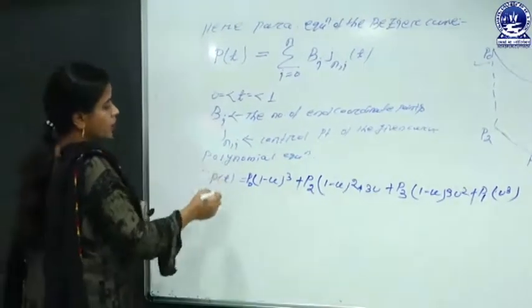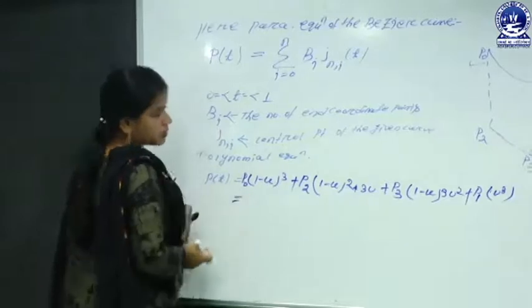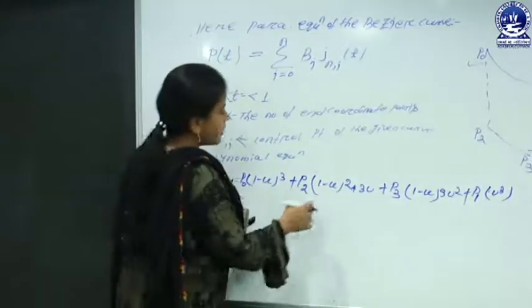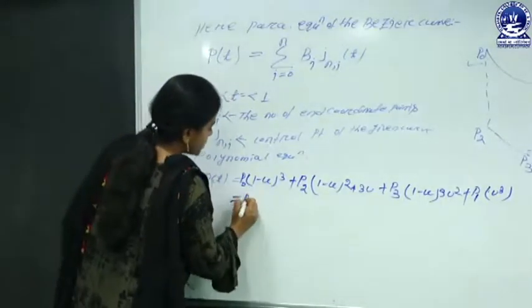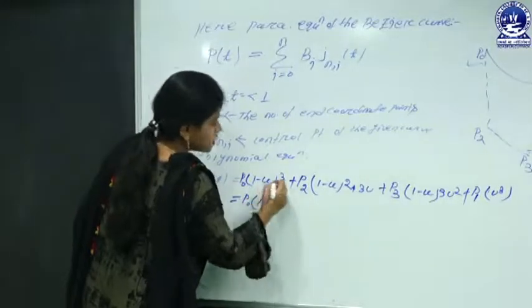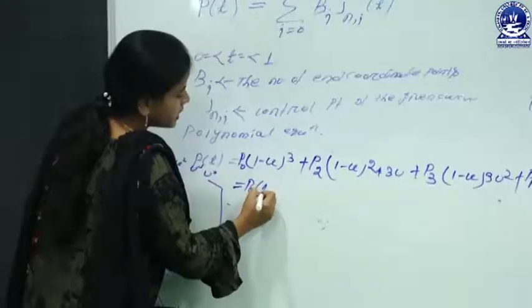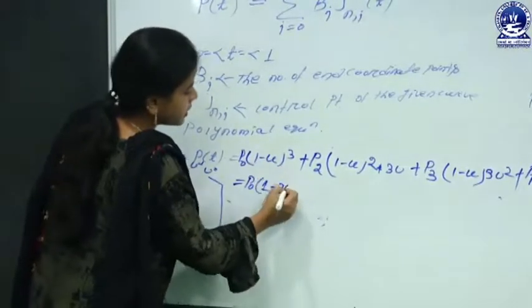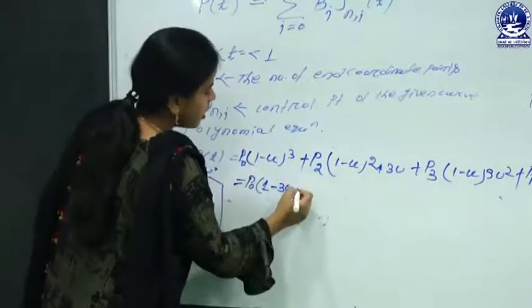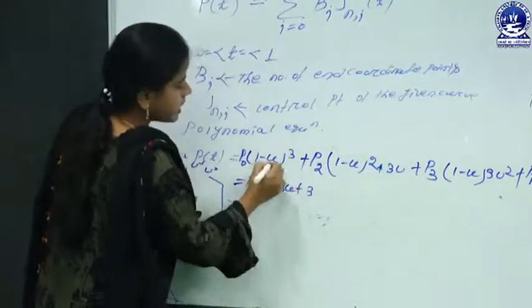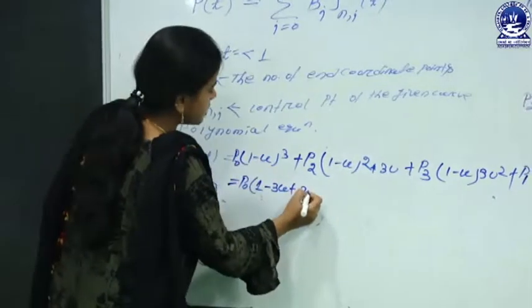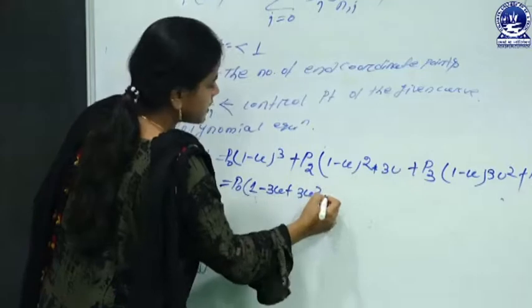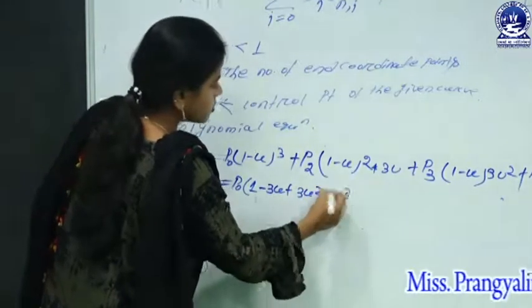Okay, if we have to elaborate this, that's your P0 (1 minus u) whole cube, that means 1 minus 3u plus 3u square minus u cube.